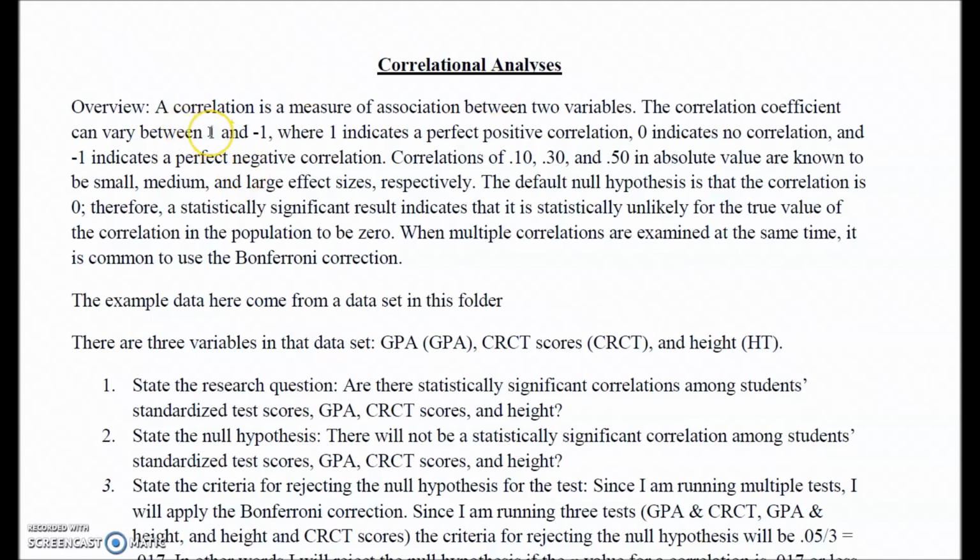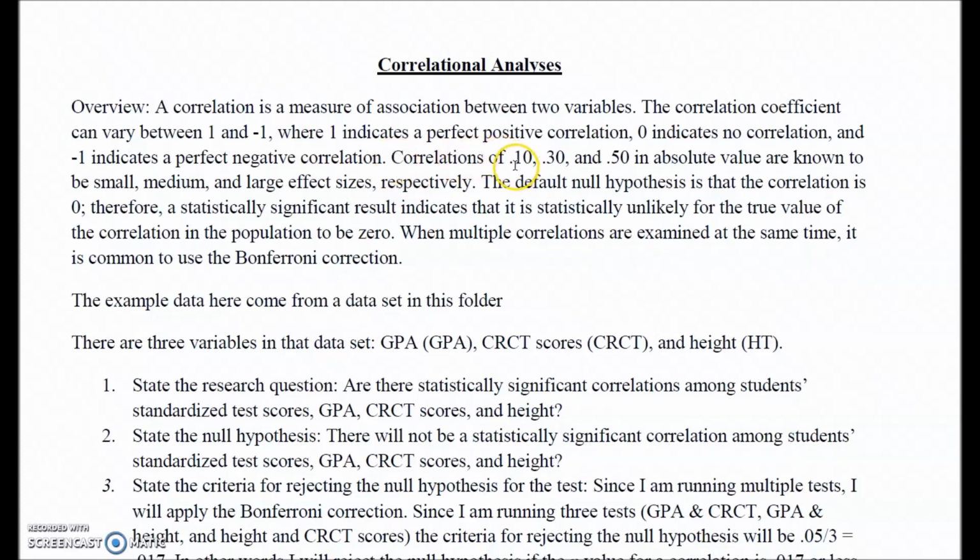So 1 is a perfect positive correlation, 0 indicates no correlation, and -1 is again a strong correlation, but a perfect negative correlation.